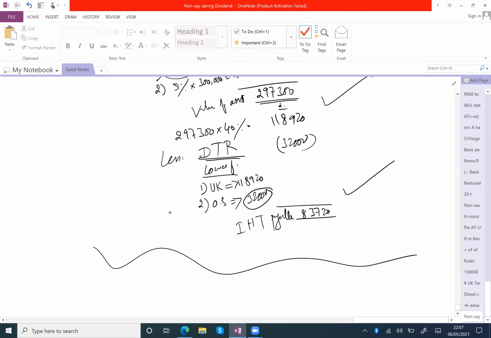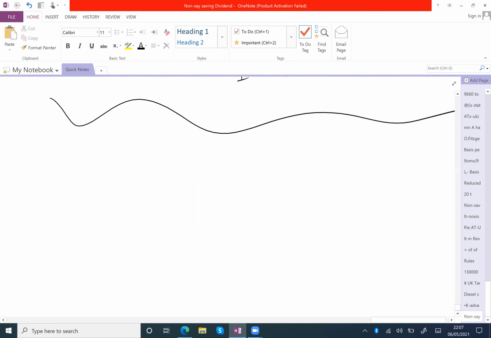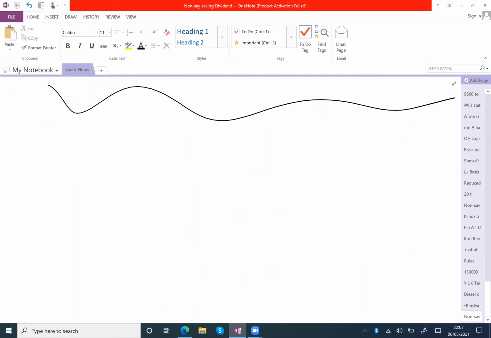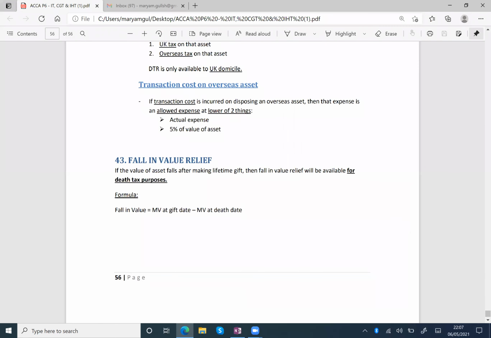One last topic. If you remember the benefits of lifetime gifts, one benefit is that if the value of the asset decreases, that is, if the PET and CLT value, the lifetime gifts value, decreases at the time of death, then fall in value relief is available.